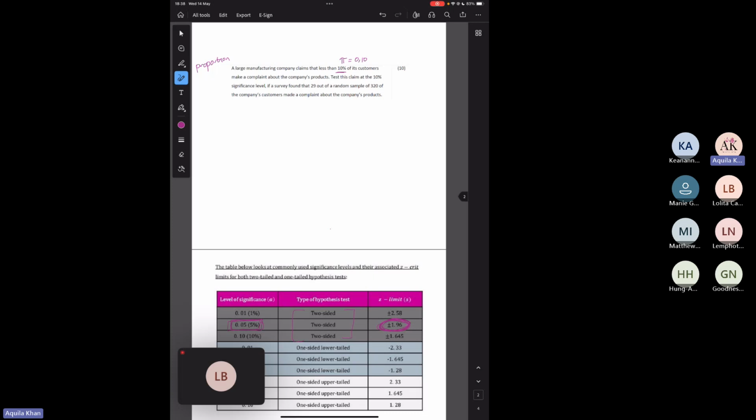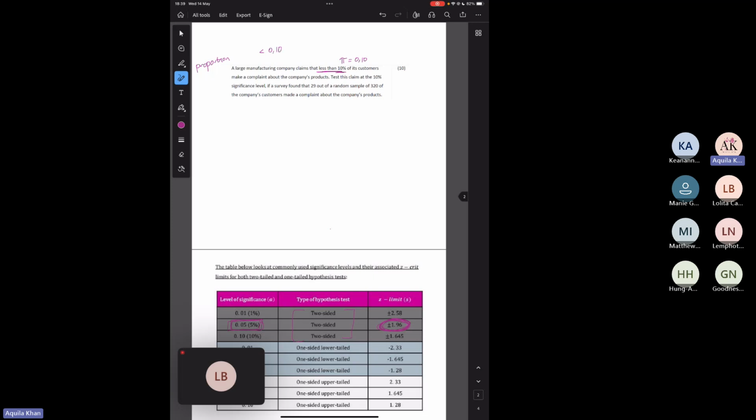Then the third thing we were able to get from this opening sentence is that the claim is that less than 10% of customers make a complaint about the company's products. So the words less than have been included in the sentence. And when we say less than, we're literally saying less than 10% or less than 0.1.